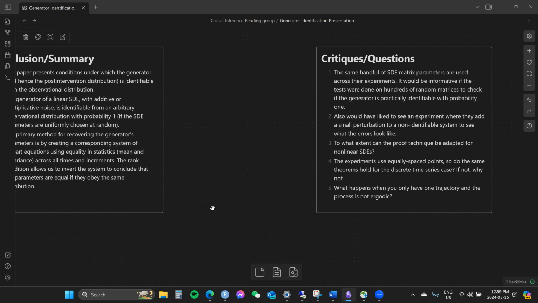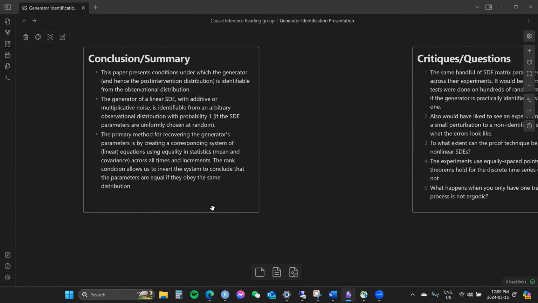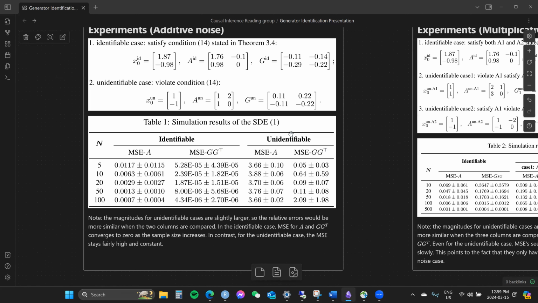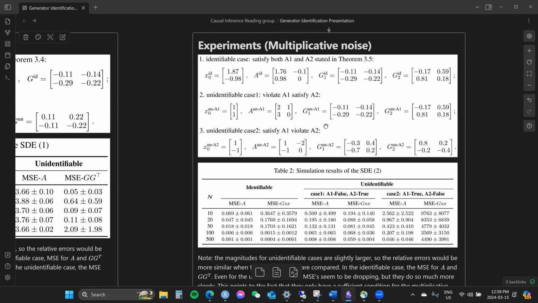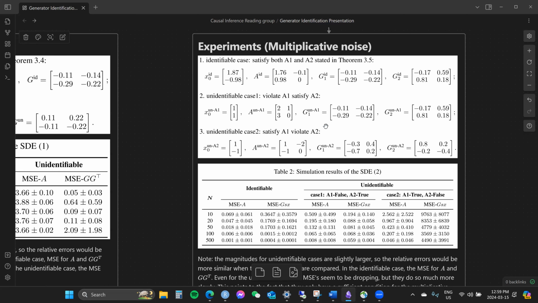So, I'm missing something in the experiment: how do they find the matrix A, and then calculate the loss? What's the cost of finding matrix A?